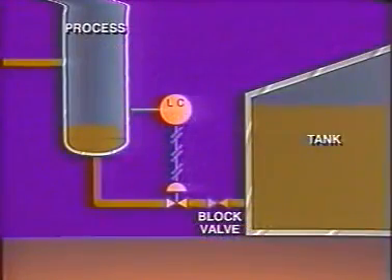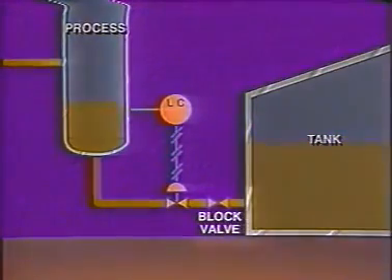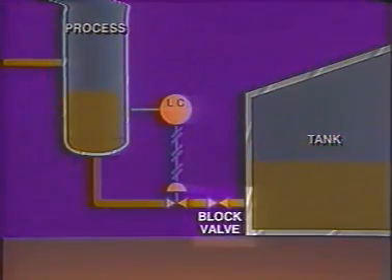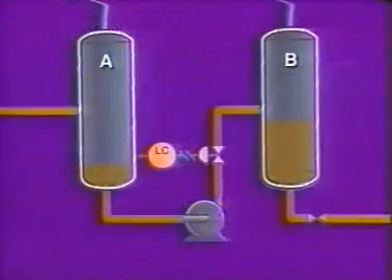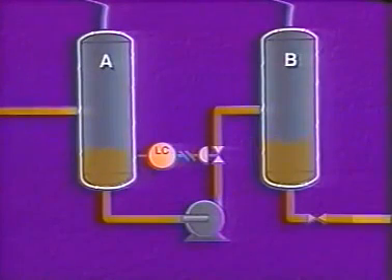In the example of the storage tank, fluid couldn't enter the tank and fluid couldn't leave the process vessel because of the closed block valve. Automatic instruments couldn't do anything but open the valve on the process outlet line as wide as possible, although that didn't help. Automatic instruments can't compensate for a mechanical pump failure either. It might be necessary to shut down both these processes if a spare pump isn't available.